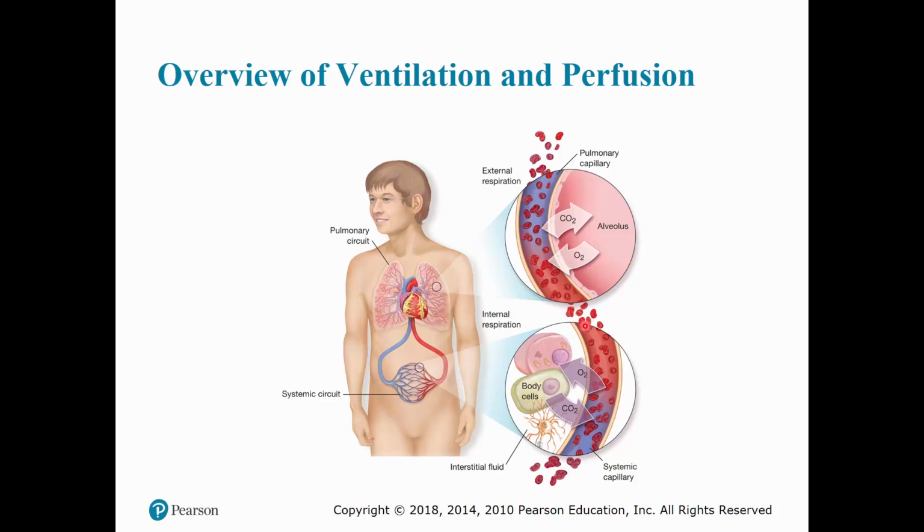It then goes through the systemic circulatory system, where once it gets to the body cells, oxygen then crosses that membrane to get into the cell, while the CO2 and the other wastes from the cells through aerobic metabolism, hopefully, then crosses that membrane again to go back into systemic circulation to come back to the lungs, and then be exhaled through respirations.